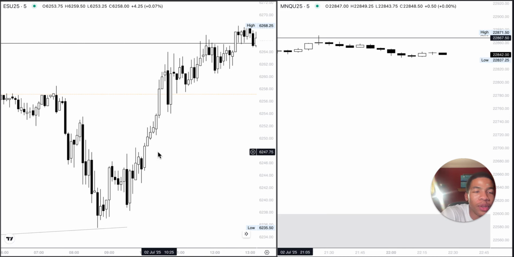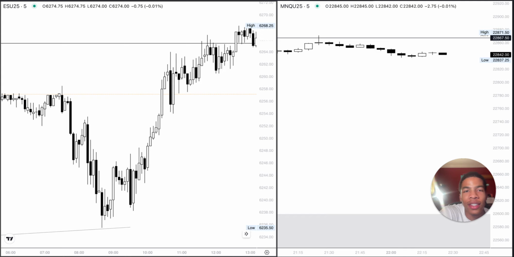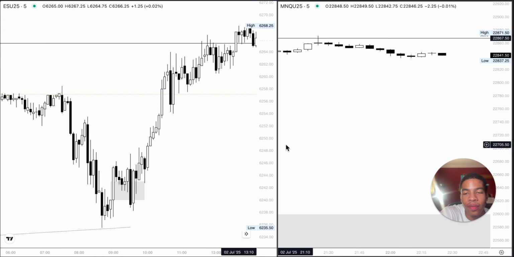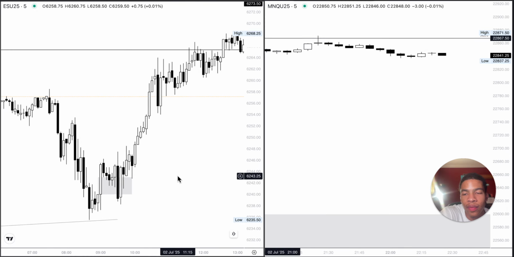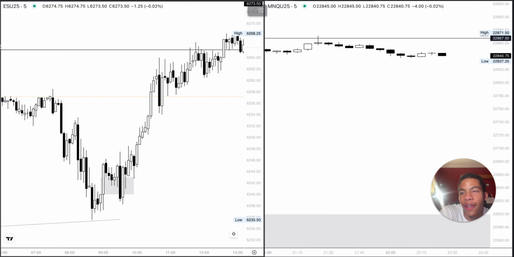Okay, so what do we see? You have a fair value gap right here. We have a change of state delivery right here.